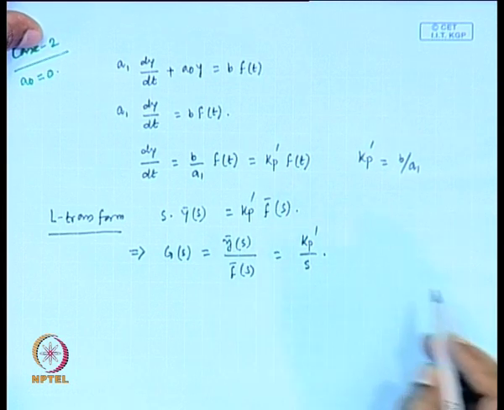So, this is the transfer function of a first order system when we consider A naught equal to 0.